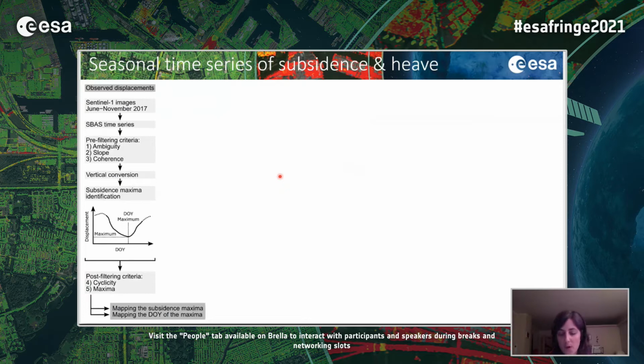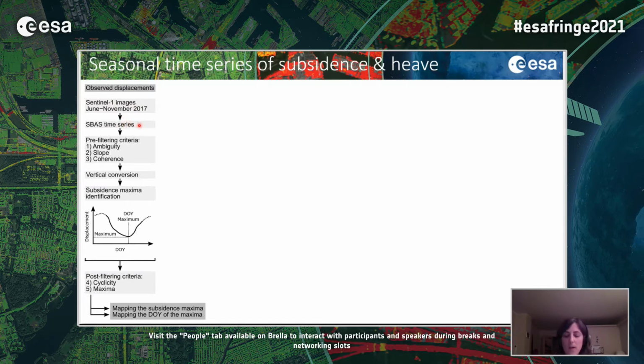So first, we processed InSAR based on Sentinel-1 in interferometric swath mode, acquired between June and November 2017 in a snow-free period. And we retrieved time series using a small baseline subset method, SBAS.